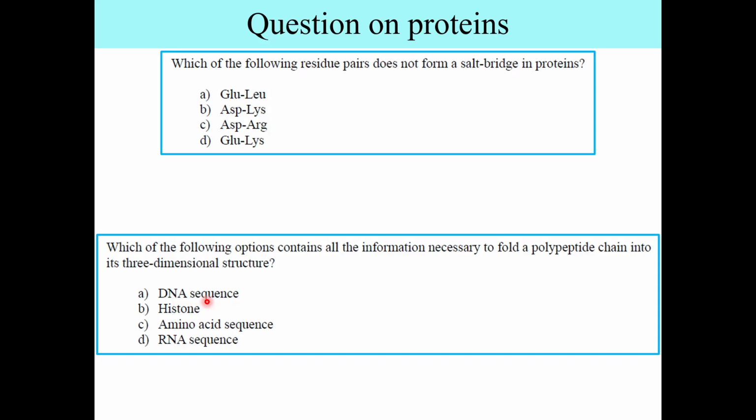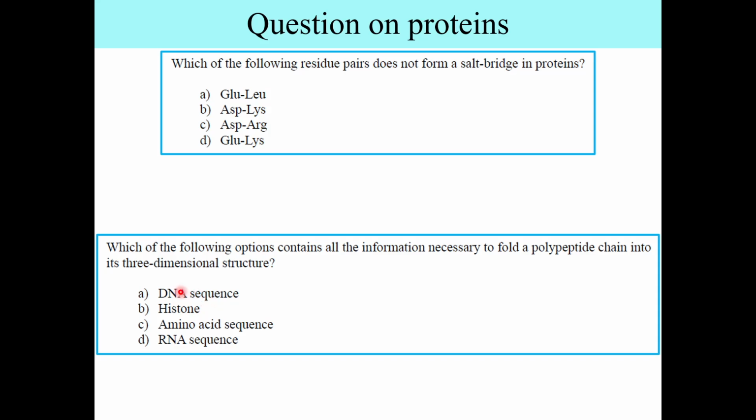Okay, so you try to answer. There are a lot of untranslated regions. There can be different kinds of rearrangements. For example, your VDJ rearrangement that you have studied in your immunoglobulins, right? So there can be so many different ways in which the genetic sequence is actually different from the polypeptide chain sequence.